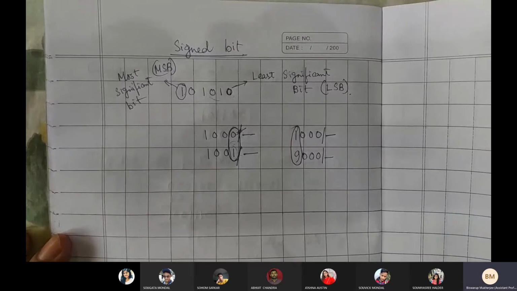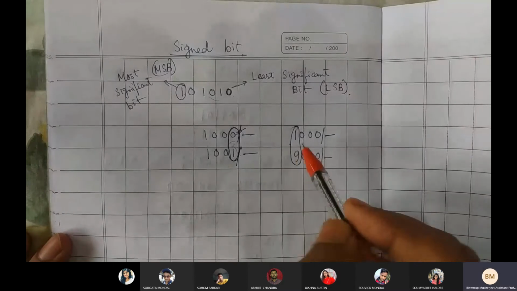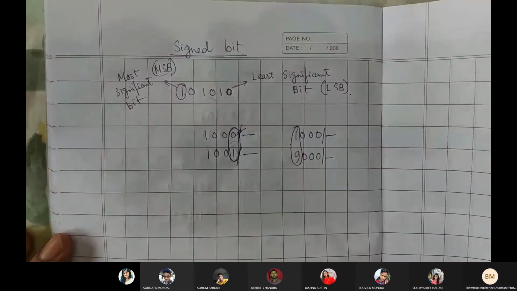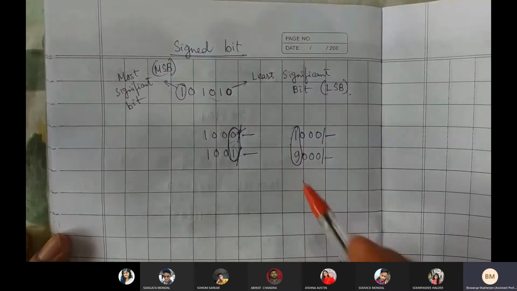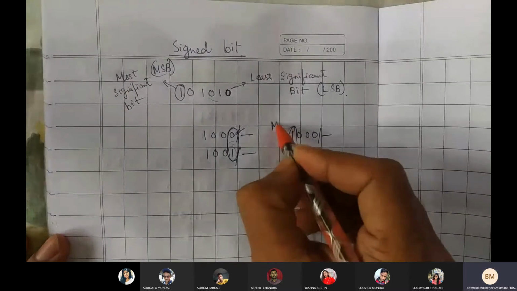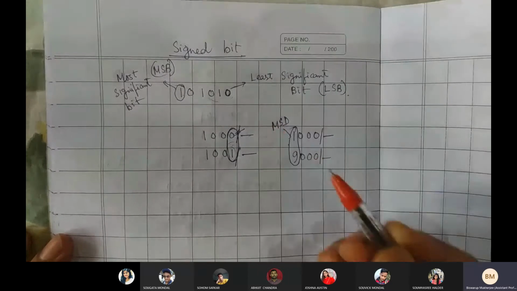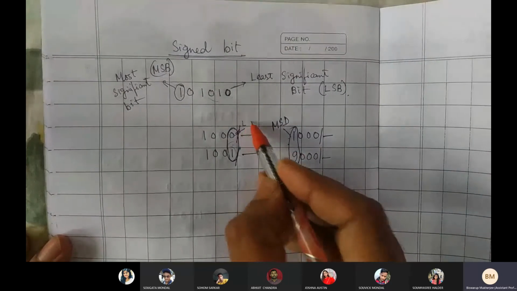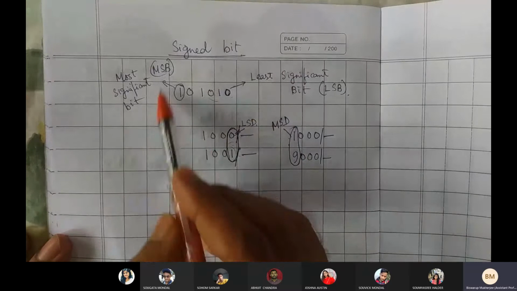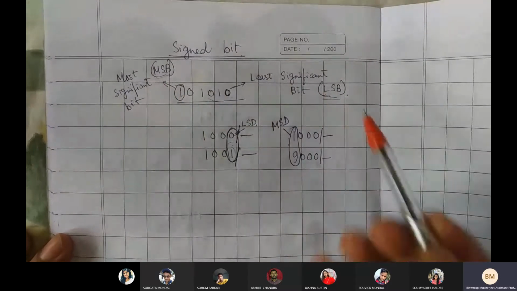So the most significant digit has been changed. This is quite a big amount of money. That is why it is called the most significant bit, or most significant digit in decimal. In binary, this is the most significant bit and this is the least significant bit.